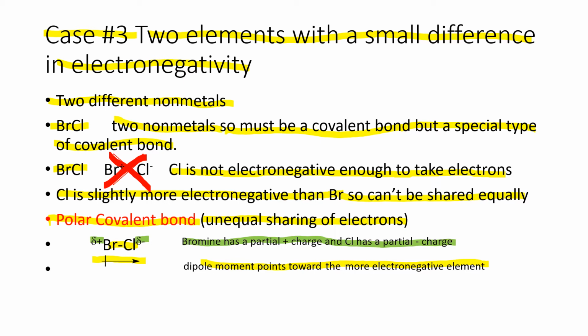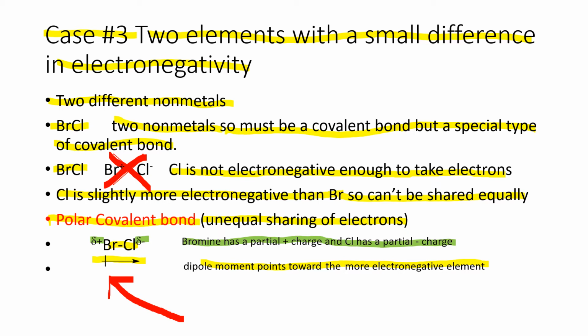And then what you'll also notice, using that red arrow now to point it out, is that hatch mark on the other side of the arrow. That hatch mark represents a partial positive charge on the other end, because in this example, the electrons are being pulled to the right.